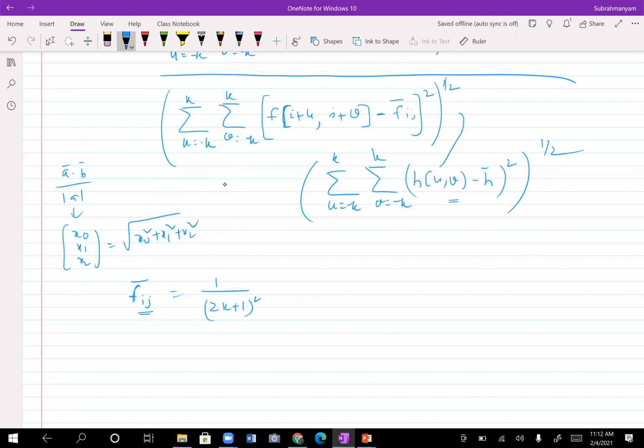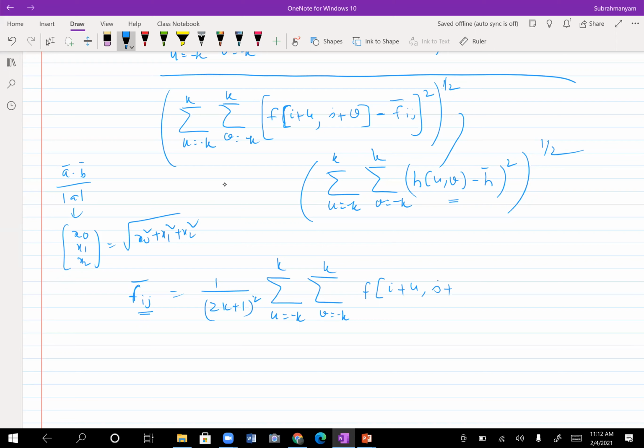Then summation over u from minus k to k and v also from minus k to k, of f of i plus u comma j plus v.